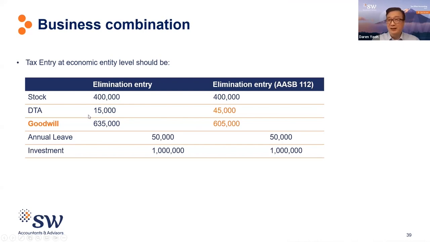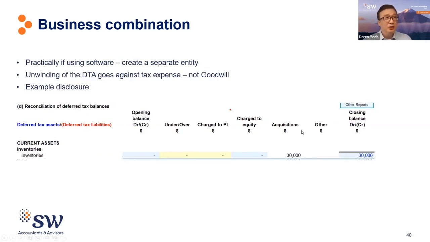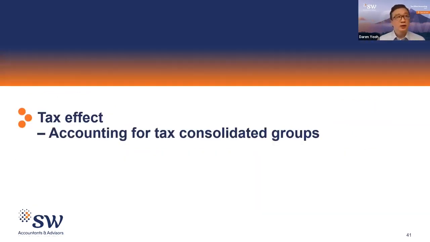However, the economic entity will recognize an additional 30,000 deferred tax asset on the stock. Therefore, its DTA is 45,000, and the other side of the entry will go against a credit to goodwill. And in your notes to the financial statements, you need to show the portion of the change in DTA that is going against goodwill.